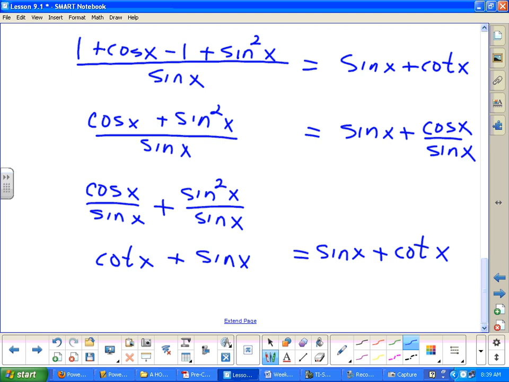Because adding is commutative. So now it is done because I have both sides equal to each other. Okay. That's one approach that you could do.